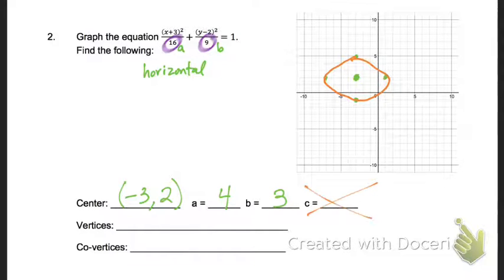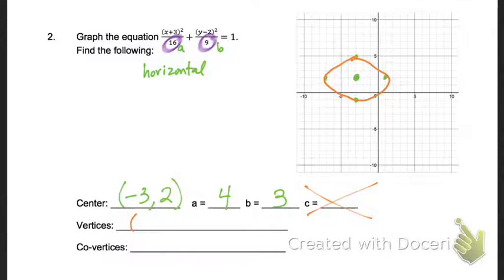We don't do C. So my vertices are, and I encourage you to do vertices and co-vertices last, because it's easier once you've drawn a picture. If you try to add the A and B and all of that first, it just doesn't make sense.